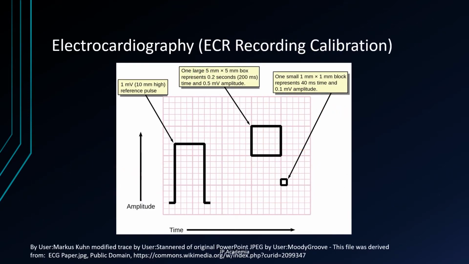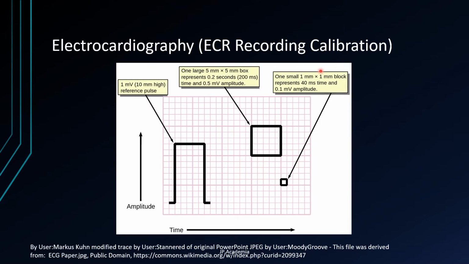ECG recordings are made with correct calibration lines on the recording paper, such as this. The horizontal axis represents time, and the vertical axis represents the voltage. The standard values on this grid are shown here. A small box, such as this, is 1 millimeter by 1 millimeter and represents 0.1 millivolts for the vertical, and for the horizontal that represents 0.04 seconds.